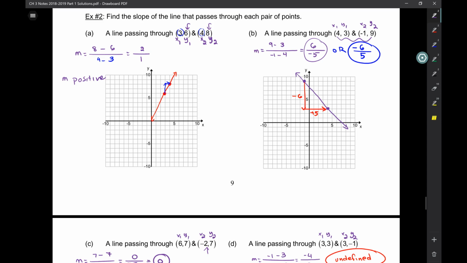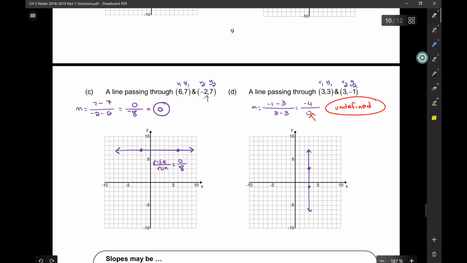The next one, look, we got slope is negative. And if you look at the line from left to right, it's decreasing, right? So here it's going up, here it's going down. Positive slope, the line going up. Negative slope, the line going down.